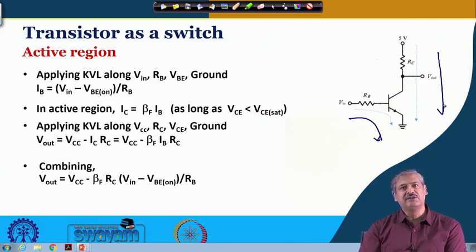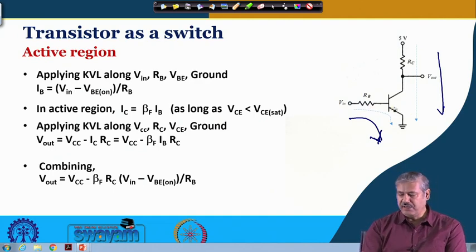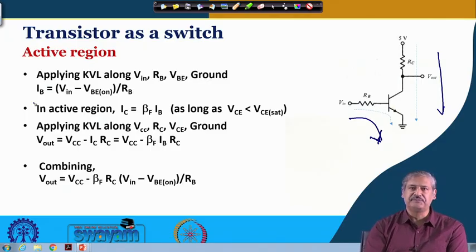We shall apply Kirchhoff's voltage law along this loop, and from that do a quantitative analysis. When we apply it along this particular loop, IB will be Vin minus VB on, the voltage drop over here, divided by RB. That is, the rest of the drop is over RB, so IB equals Vin minus VB on, divided by RB. Is it clear?